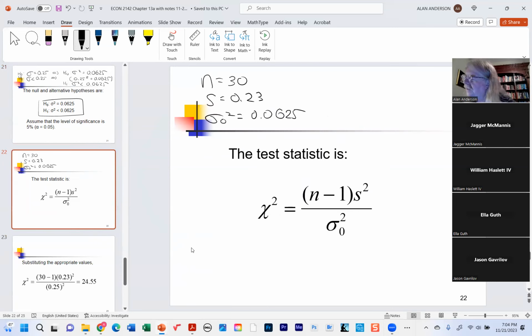So if you plug those in, you'll get your test statistic. With all that, you'll end up with approximately 24.55.